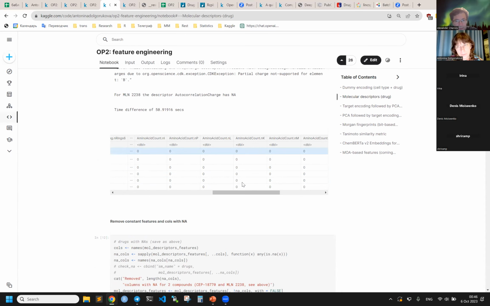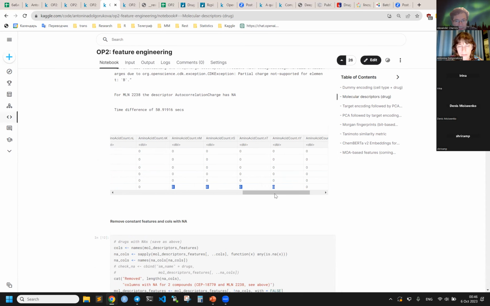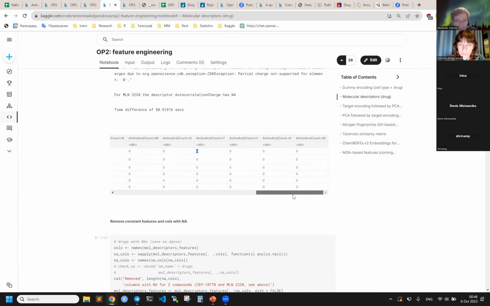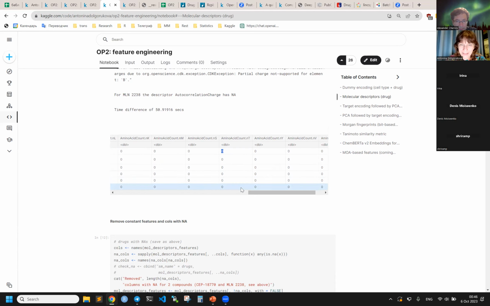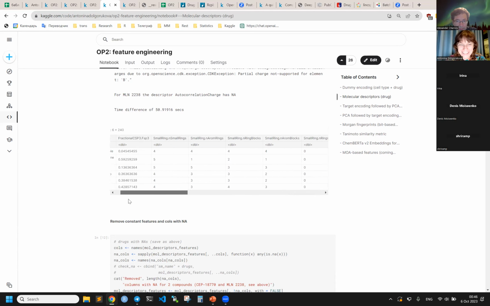There are binary features, like amount of something, maybe aromatic rings, that molecules can have only 0 or 1, and there are a few of them here. So maybe you have to filter out based on many zeros.